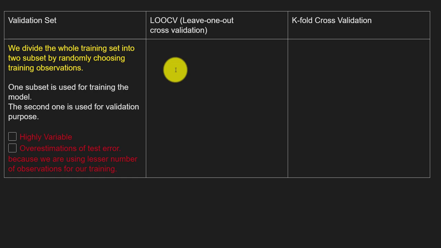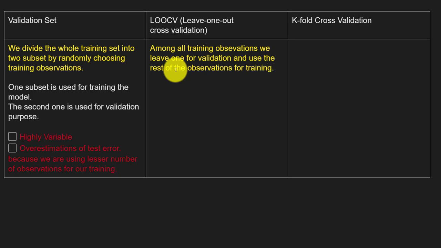In this approach, among all training observations, we leave one out for validation and use the rest of the observations for training purposes. So we are only keeping one aside and using the other observations for our training.